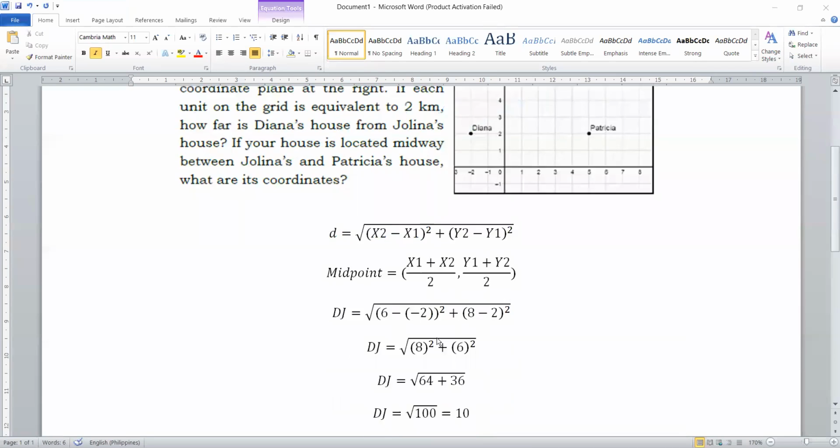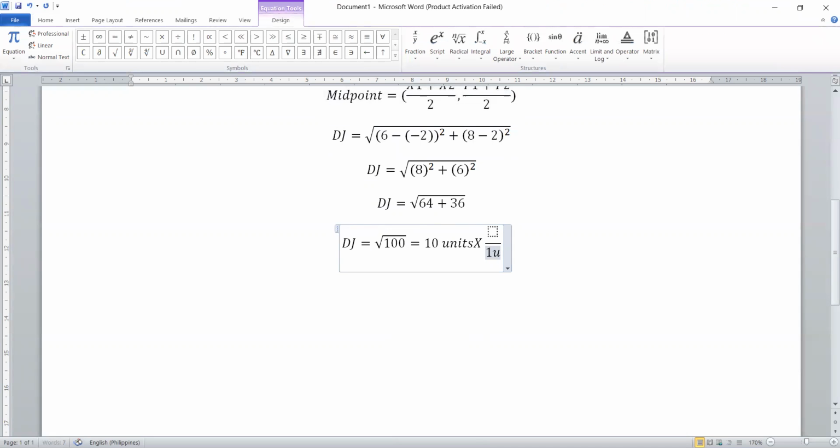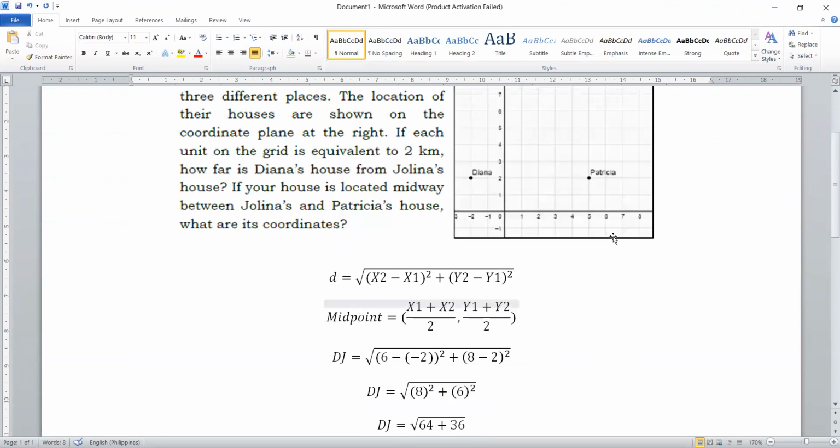This one is 10 units, and each unit is 2 kilometers. So the distance between Diana and Jelena's house is 10 times 2, that's 20 kilometers. Okay, next.